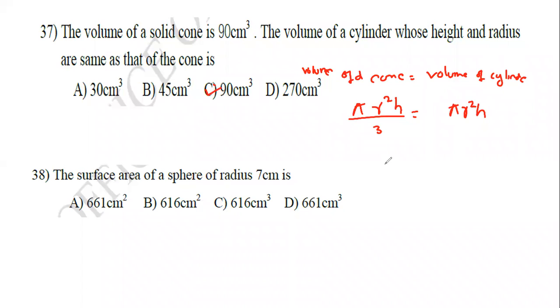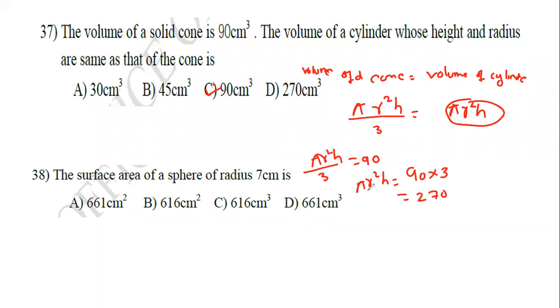So here pi r square h divided by 3 is equal to 90, the given volume of the cone. So pi r square h is equal to 90 into 3. 90 into 3 is 270. So you need to find out only pi r square h.